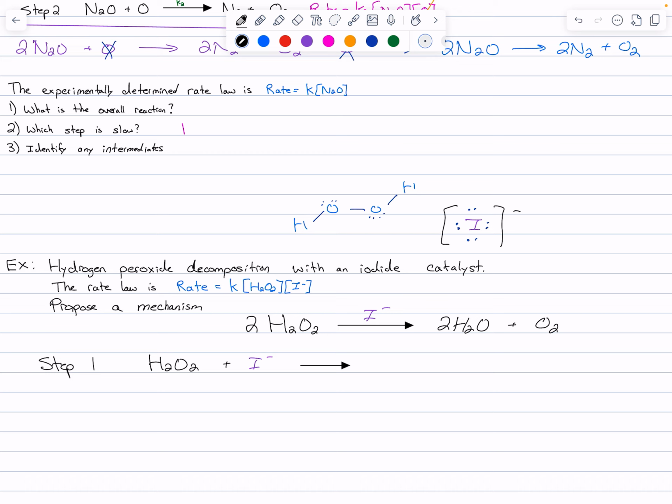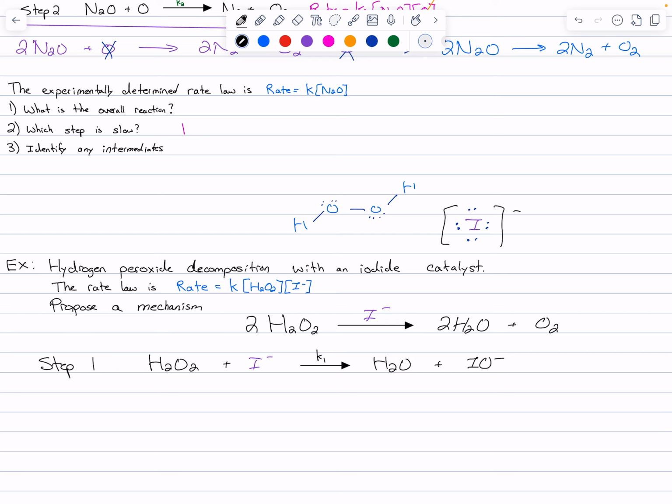So maybe an option, and this is k1, maybe it could be H2O, which is one of the products, plus IO minus. Maybe that would be an option.